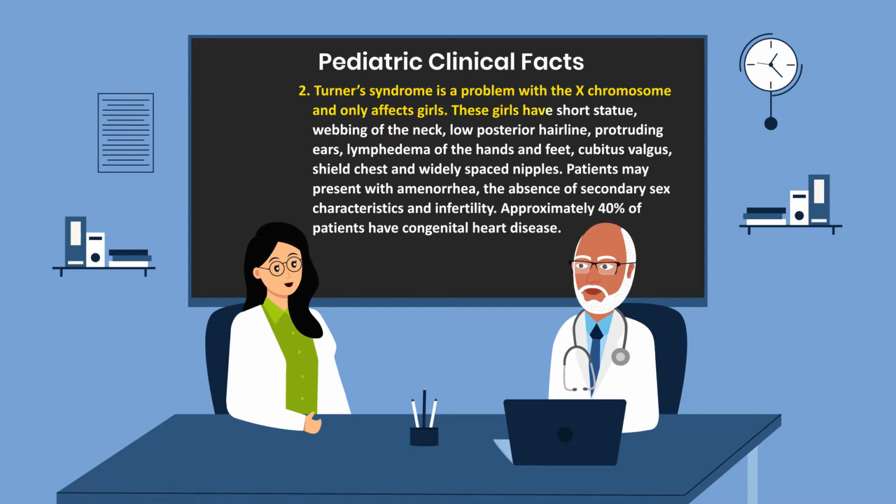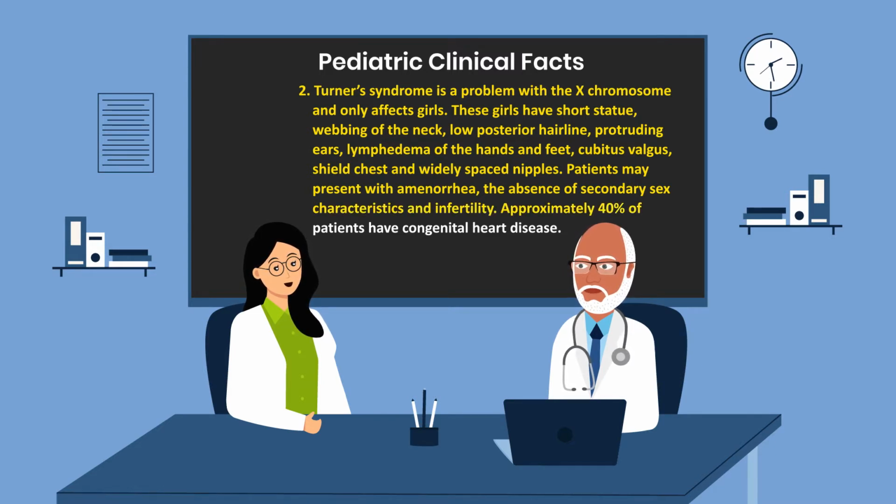These girls have short stature, webbing of the neck, low posterior hairline, protruding ears, lymphedema of the hands and feet, cubitus valgus, which affects the elbow, shield chest, and widely spaced nipples. Patients may present with amenorrhea, the absence of secondary sex characteristics, and infertility.